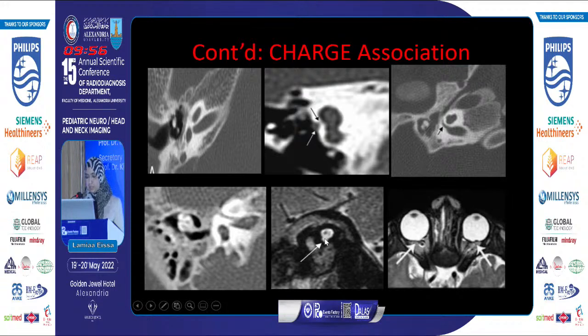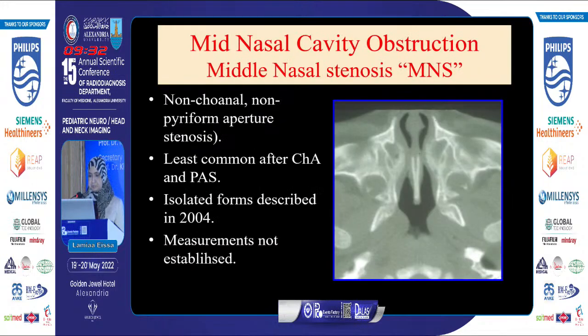There is cochlear aplasia, the facial nerve may be hypoplastic, and the vestibular nerves are very hypoplastic. Also, we can see a retrobulbar colobomatous cyst. So these anomalies must be included in our imaging checklist of the head and neck when we encounter a case of choanal atresia.